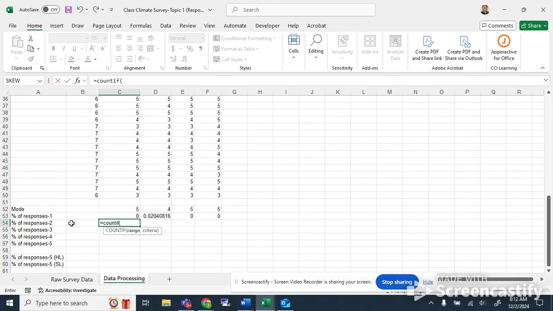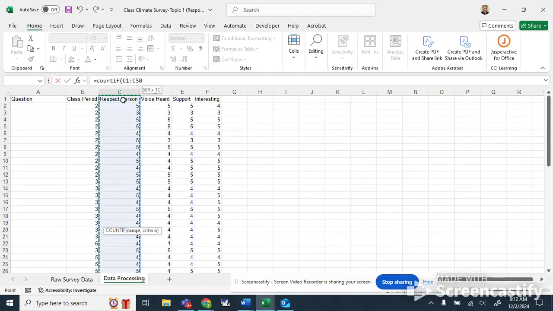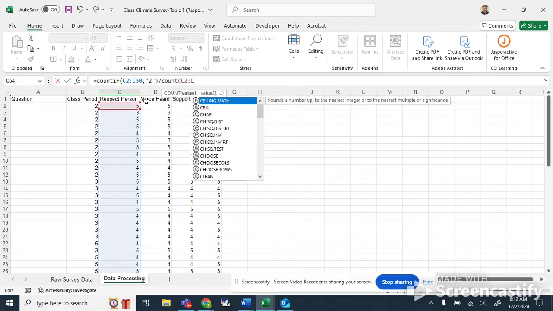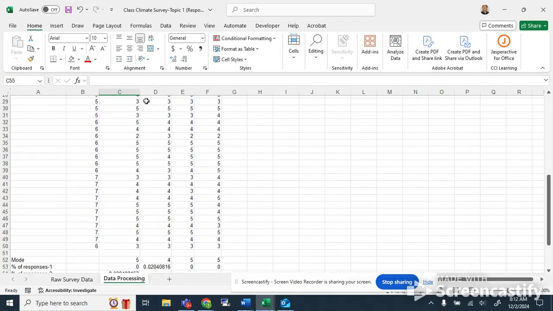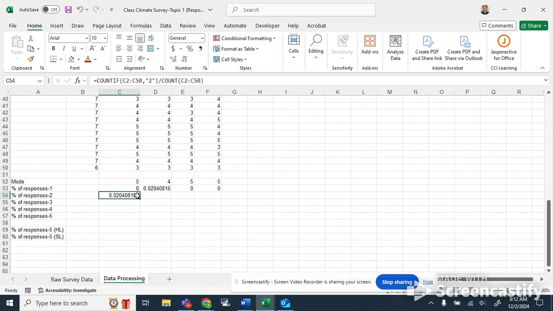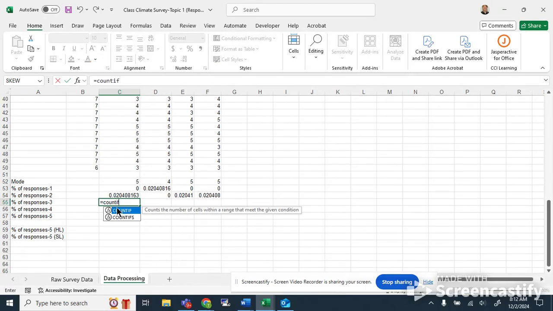So COUNTIF, same range. The only difference is the value is a 2 instead of a 1. You can drag it across because all these have the same number of responses, and just repeat for all of those.